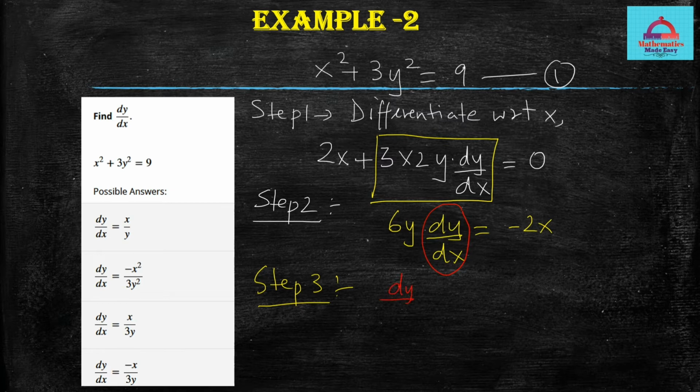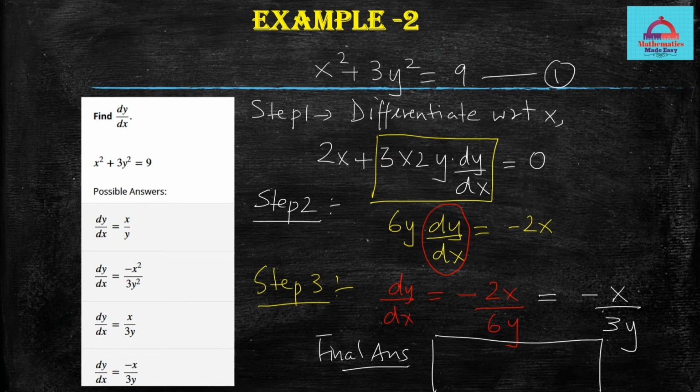So we keep it here and we take the 6y on the other side. So it gets divided, and now you can simplify, cancel out your common terms. This will give you negative x over 3y. So our final answer for this question is dy by dx equal to negative x over 3y. I'm sure you are able to understand that the correct answer here is this one.